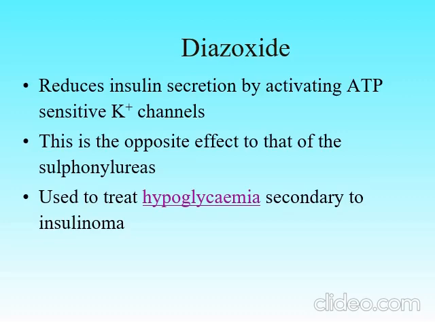This drug reduces insulin secretion by activating ATP-sensitive channels. This is the opposite effect to that of the sulfonylureas. This drug is used to treat hypoglycemia secondary to insulinoma because it blocks the release of insulin.